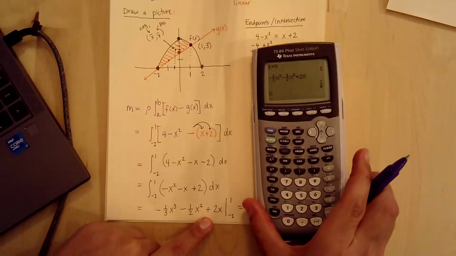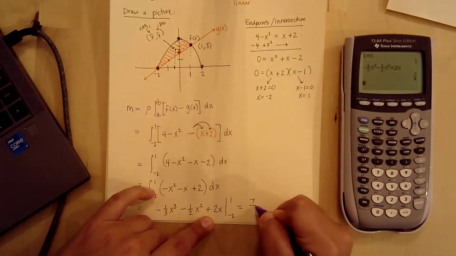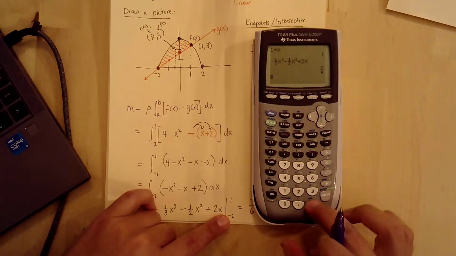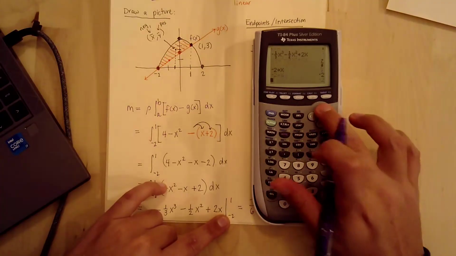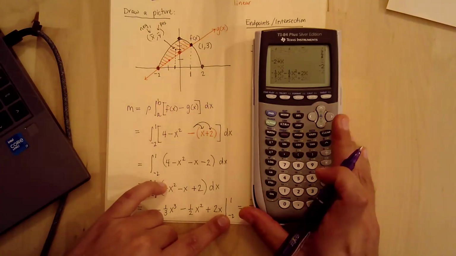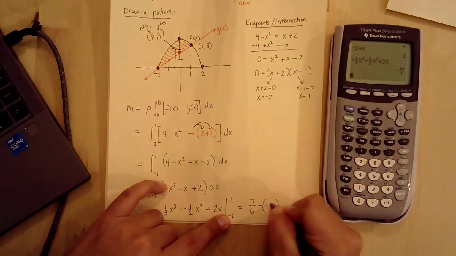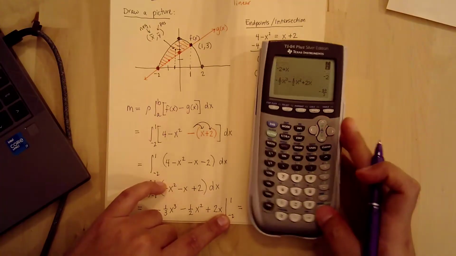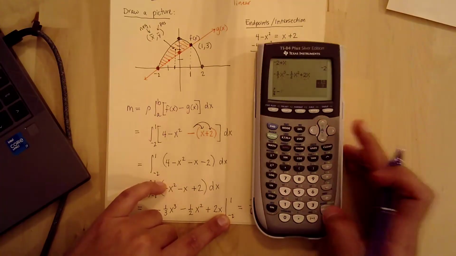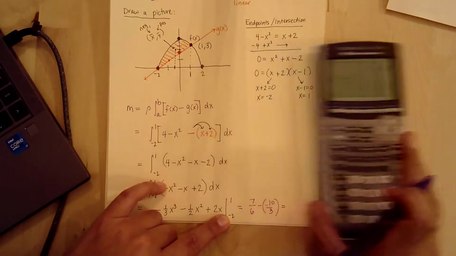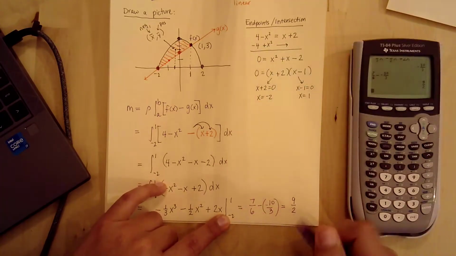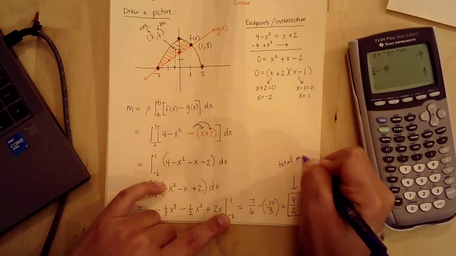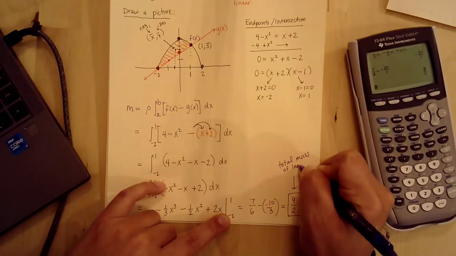So we get 7/6 minus, now we're going to store -2 as x and just copy this function. Get -10/3. So we take that positive value that we got before, 7/6, minus this value that we got here, we're getting 9/2. And that's going to be the total mass of the lamina.